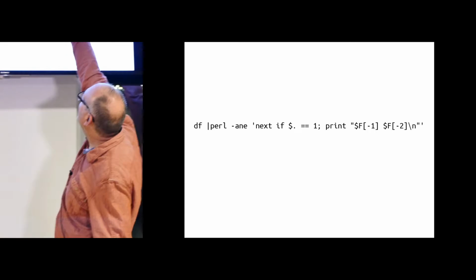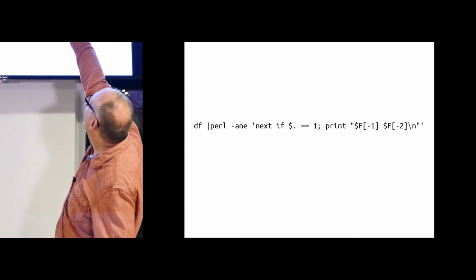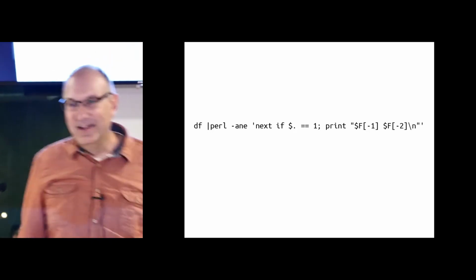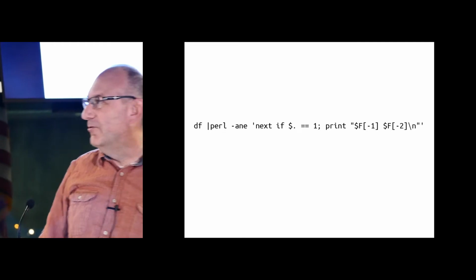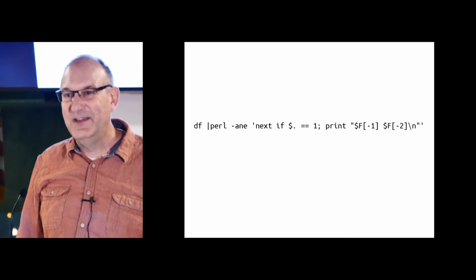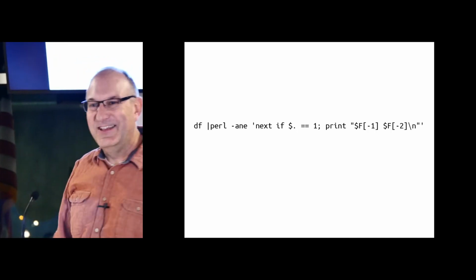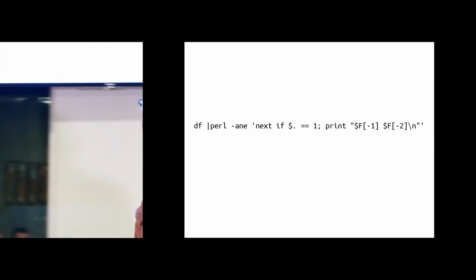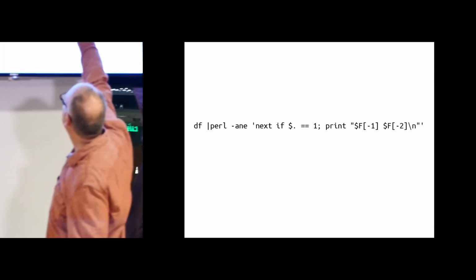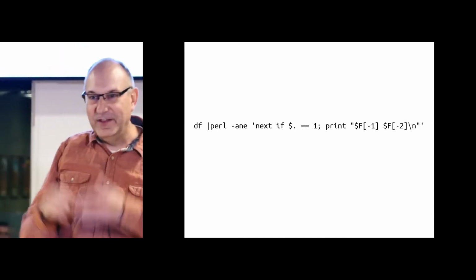And then we want to take the very last field, and the second to last field and print them for whatever reason. Which will totally blow up if the mount points have white space in them, but then you ought to shoot whoever created those mount points anyway, probably. But just as an example, every line of df, we're splitting and we're taking the mount point's name right here and the % used, I think, and outputting them.